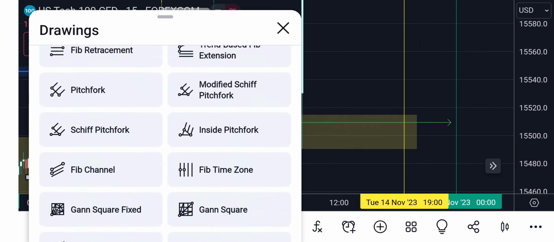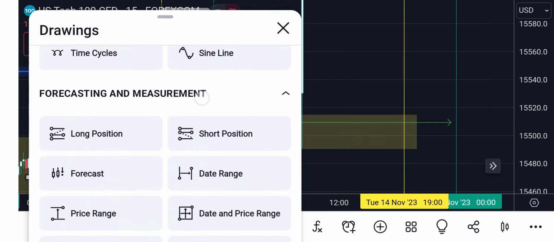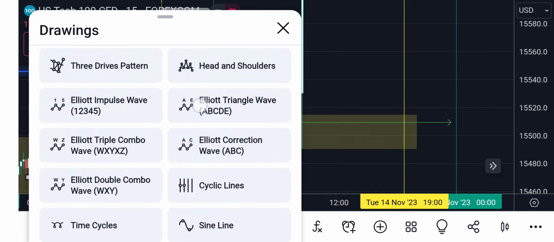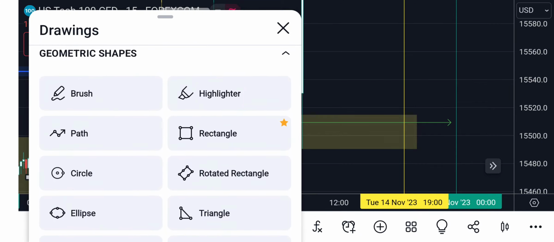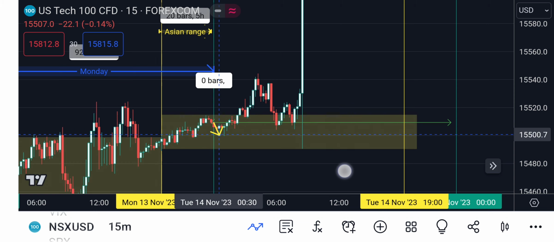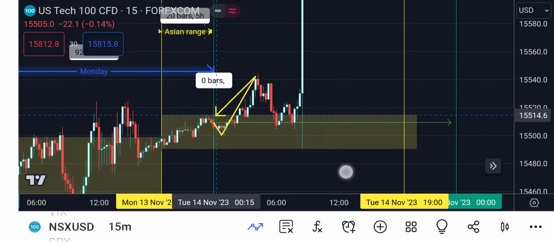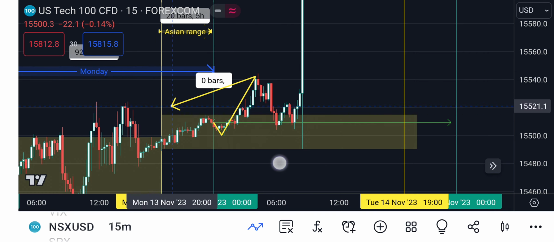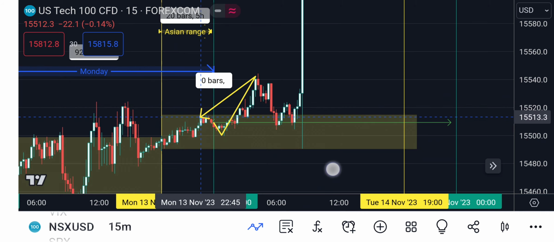The opening, put a line on the opening. Tried to go down, didn't really do much, went up, breaking above the daily Monday high here, also breaking above the Asian range high.